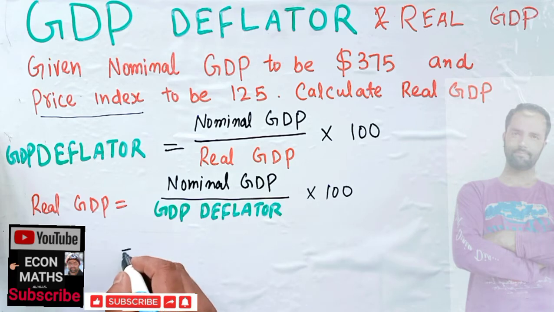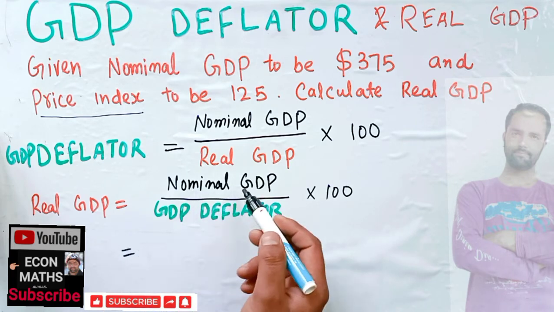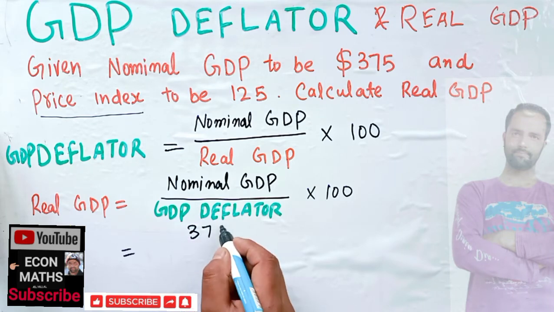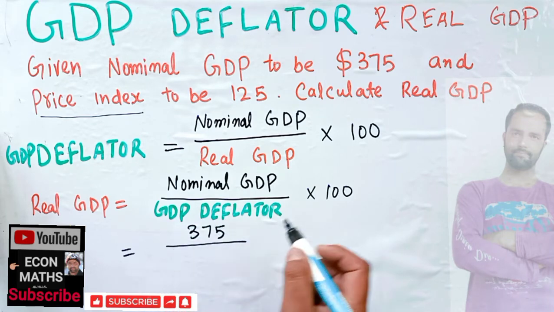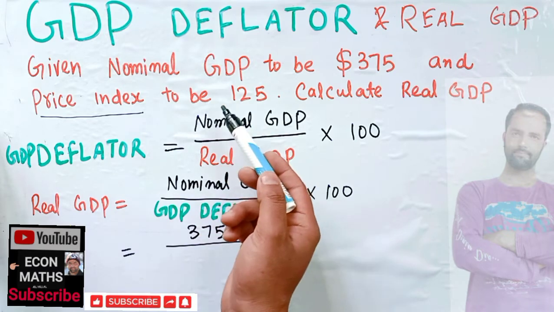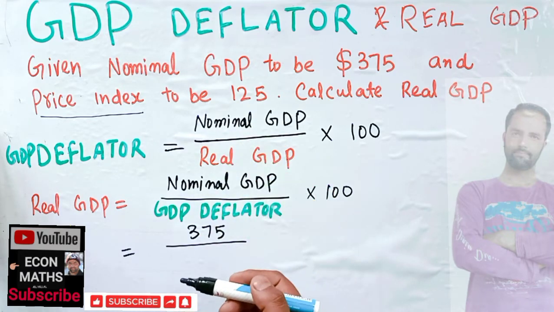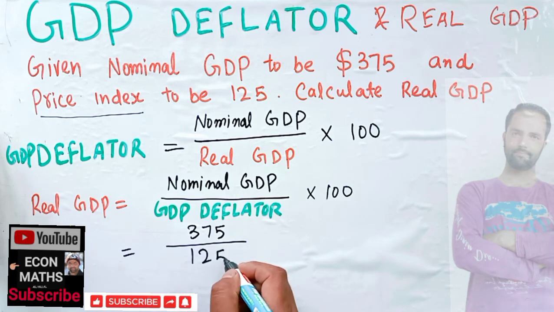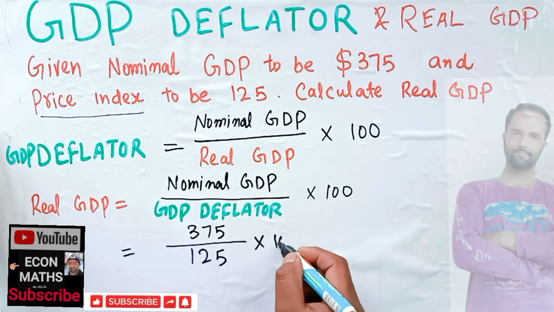Now what is our nominal GDP? Nominal GDP is 375. So let me write it here. We have 375 upon the price index, what we call the GDP deflator in this case, which is 125. To this we multiply 100.